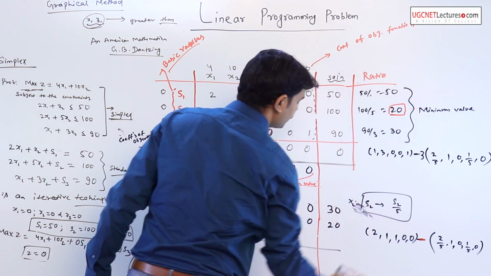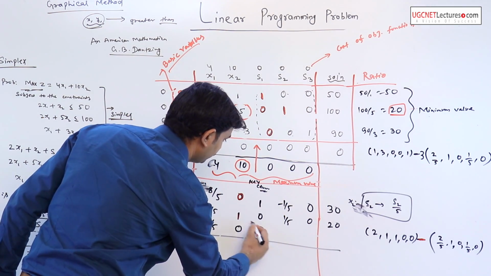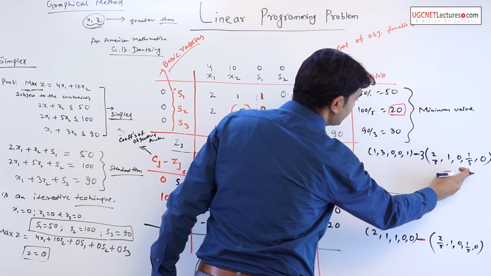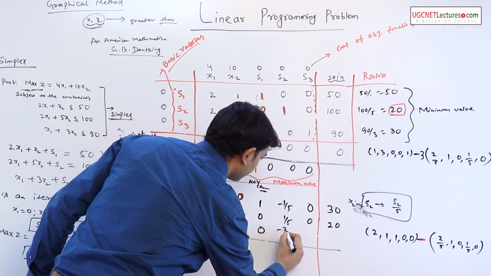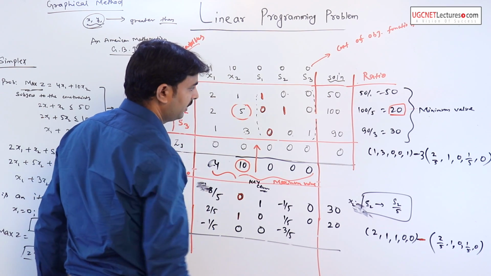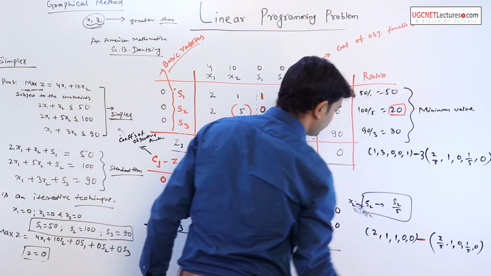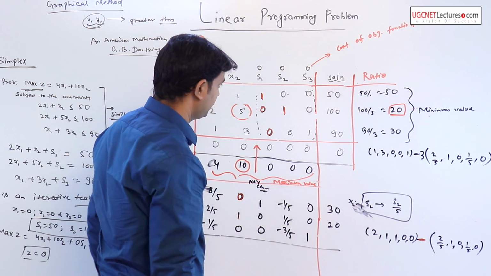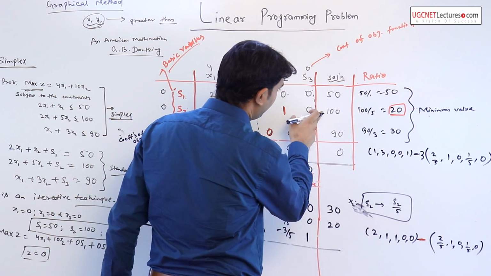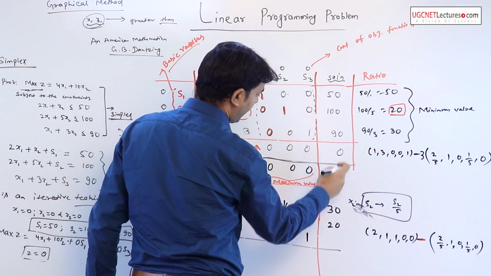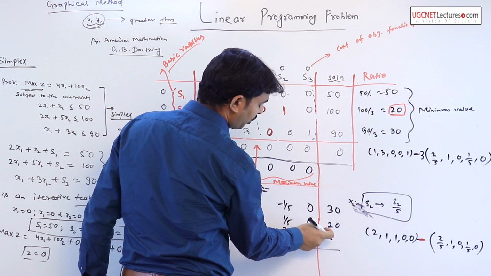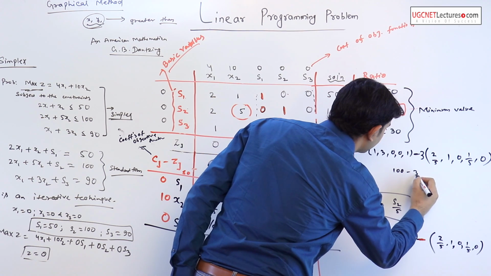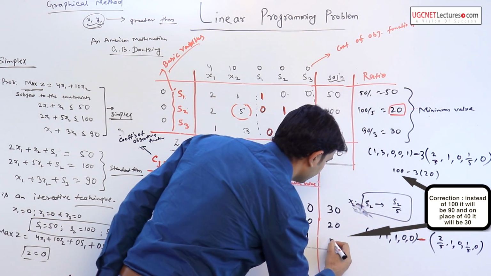0 minus 0 is 0. 0 minus 3 by 5 is minus 3 by 5. And 1 minus 0 is 1. Similarly, 100 minus thrice 20 gives 40.